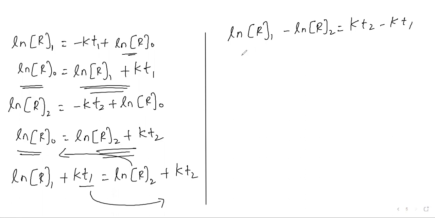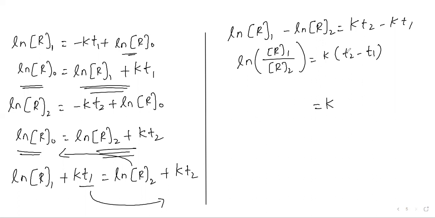This is ln of x minus y, so ln of R1 by R2 equals K common, then T2 minus T1. From this you can find K, where K equals 1 by T2 minus T1, ln of R1 divided by R2.